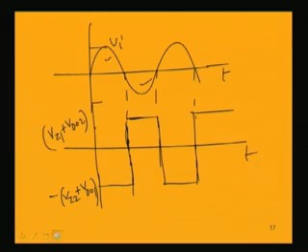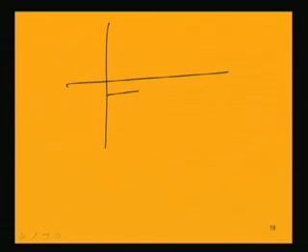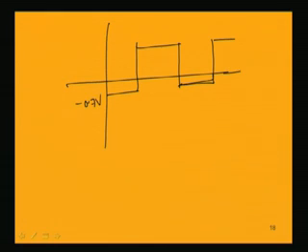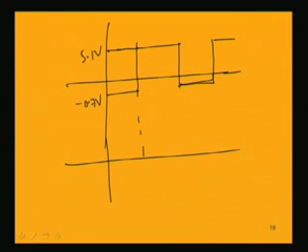Of course, the two voltage magnitudes in the two halves are not equal: minus 0.7 volt and 5.1 volt, corresponding to this input.